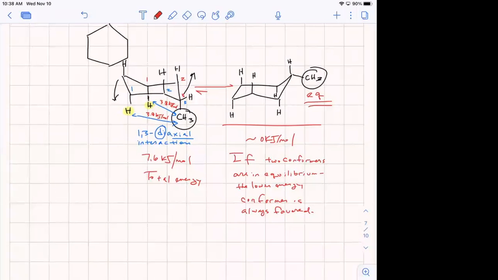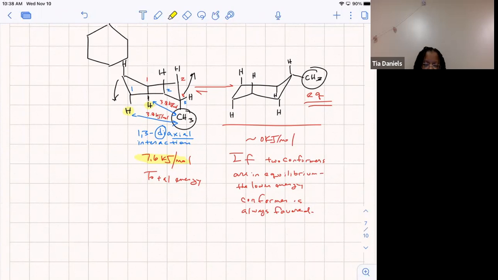So it costs 3.8 kilojoules per mole for that methyl group to be in an axial position, and because you've got two other axial sites, that interaction is multiplied by 2. So you have a total energy of 7.6 kilojoules per mole. All right, now Tia, you can ask your question. I think I get it a little bit better.